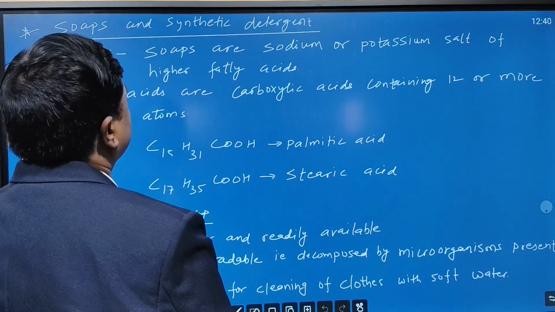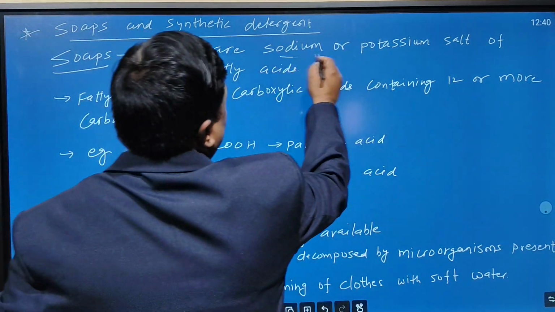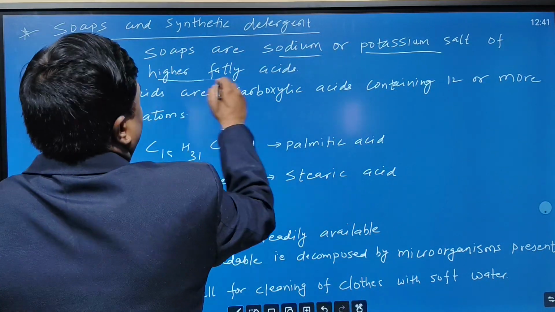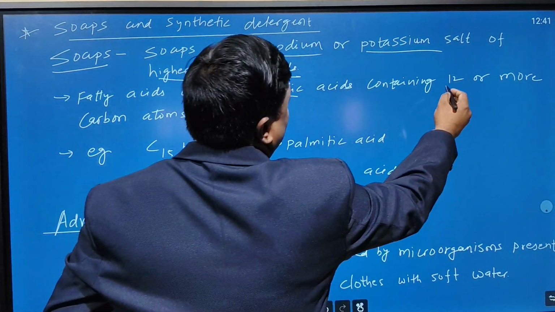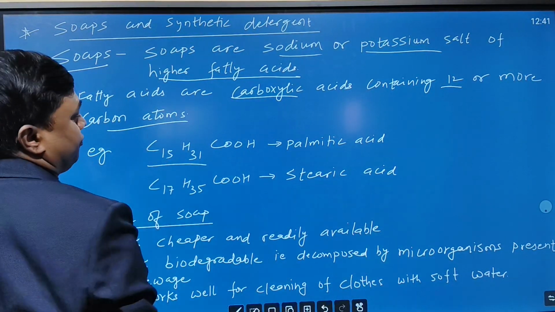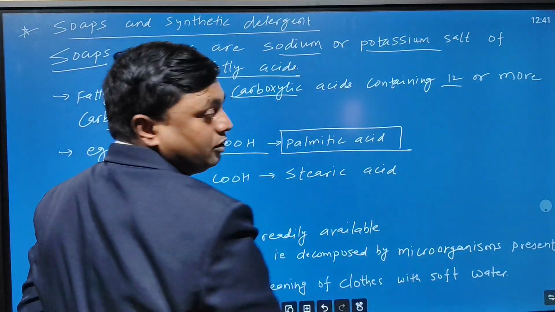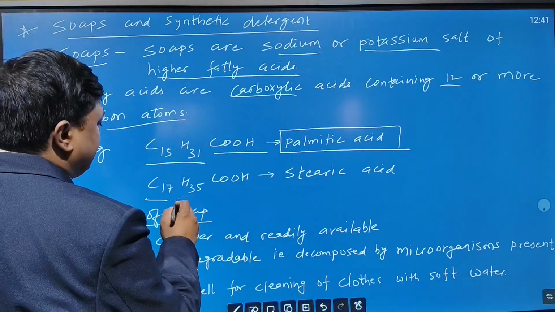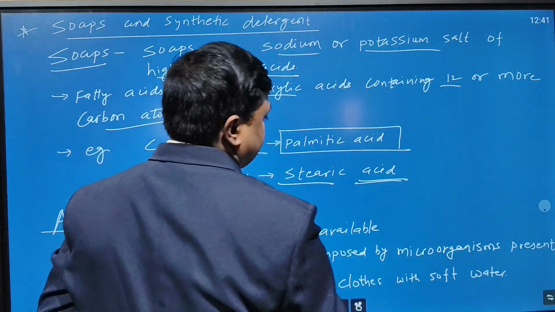Try to understand soaps and synthetic detergents. Soaps are the sodium or potassium salts of higher fatty acids. Fatty acids are carboxylic acids containing 12 or more carbon atoms. For example, C15H31COOH is called palmitic acid. Similarly, C17H35COOH is called stearic acid.